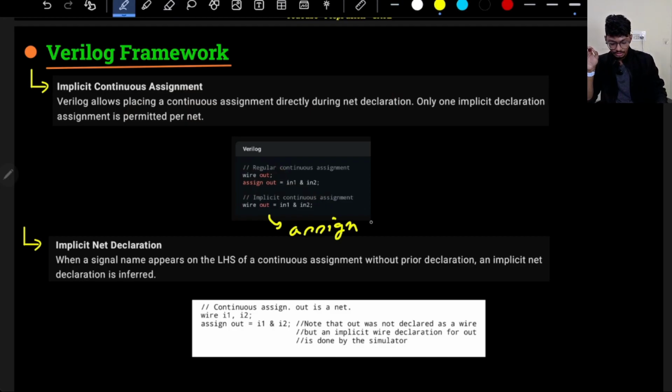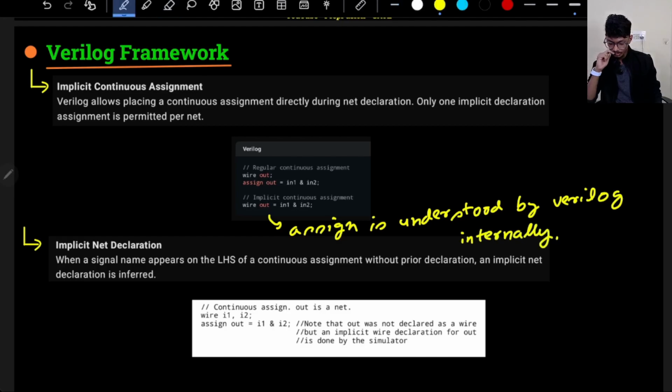Verilog understands this internally, that here I have an assign statement. It understands that okay, this is a continuous assignment, so it is implicit to the command.